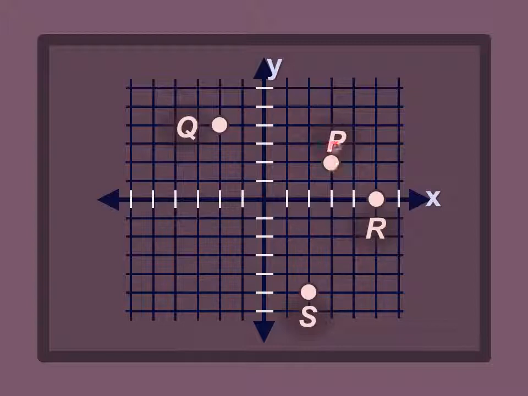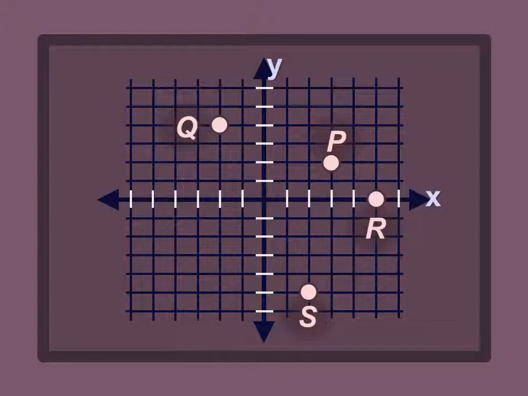Let's look at point P. Point P is here. It's in the first quadrant. So remember, an ordered pair is an x value and a y value. So let's see along horizontally how far away is P from the origin. Well, it's 1, 2, 3. It's 3 away from the origin, which means horizontally that our first number in our ordered pair will be 3.